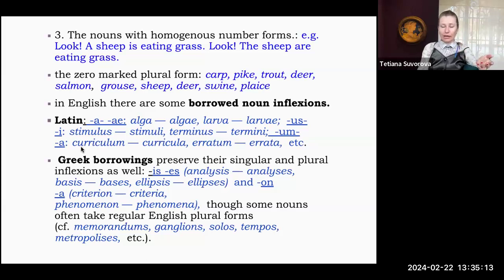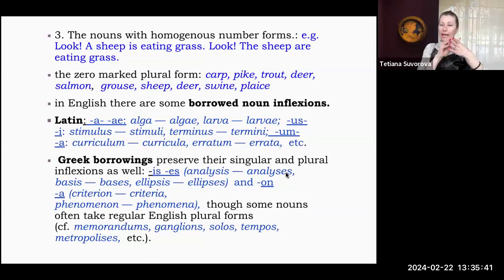Nothing difficult, in fact. So just, you know that if you have, sorry, my French, first French now and then English. It's okay. So curriculum, curricula, erratum, errata, etc. Well, and analysis, analyses. By the way, don't forget to change the pronunciation.